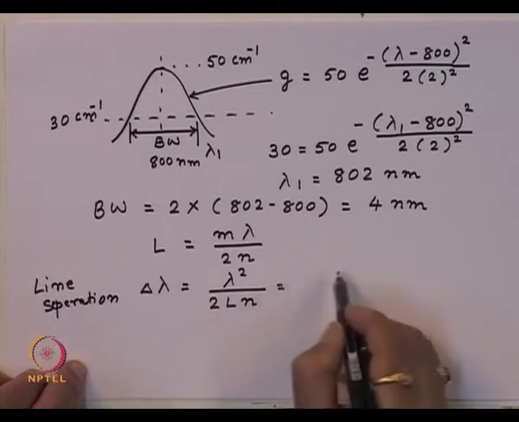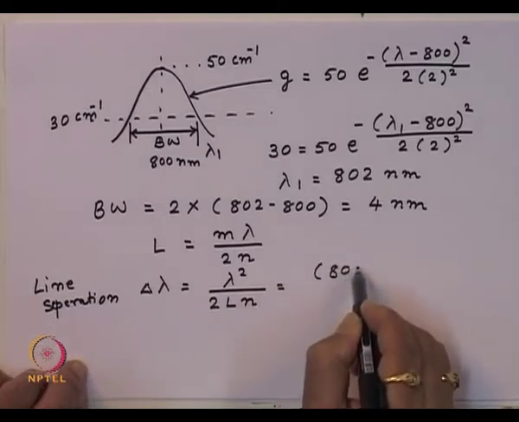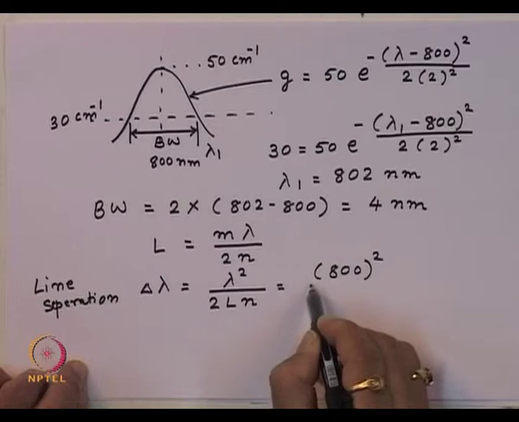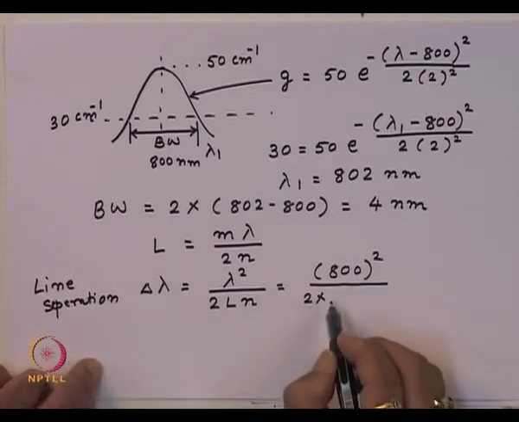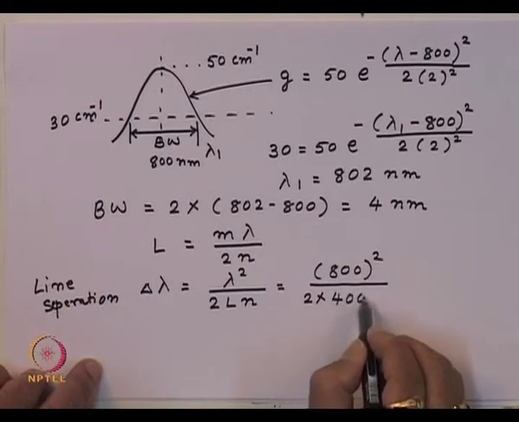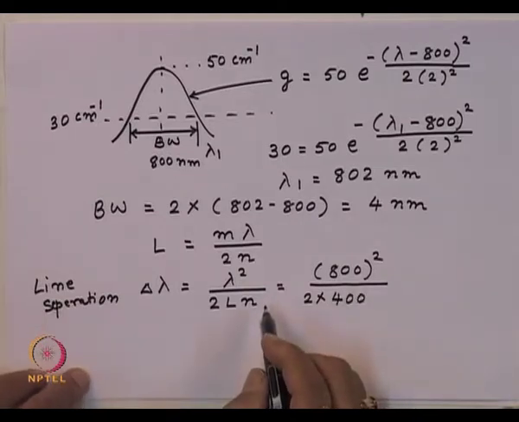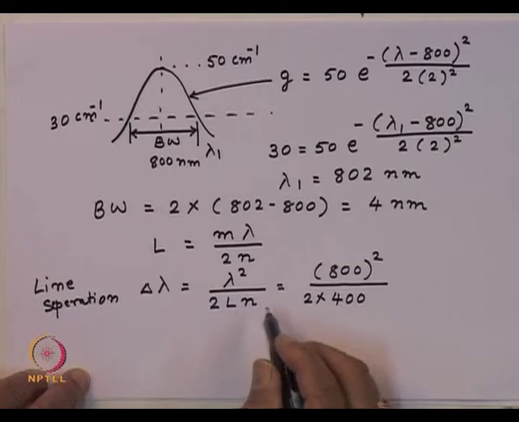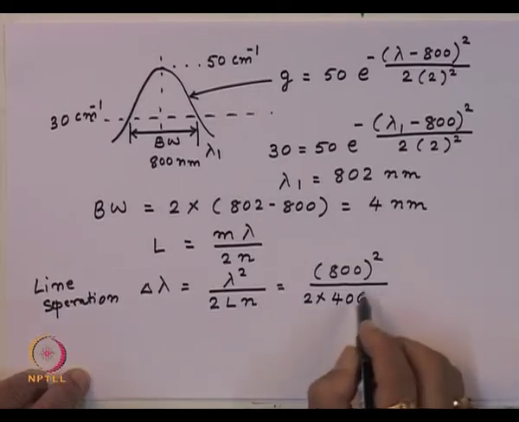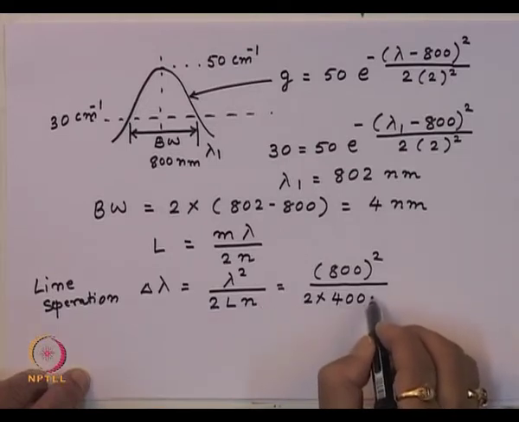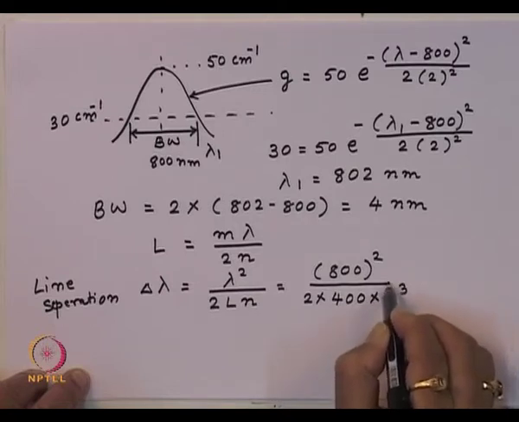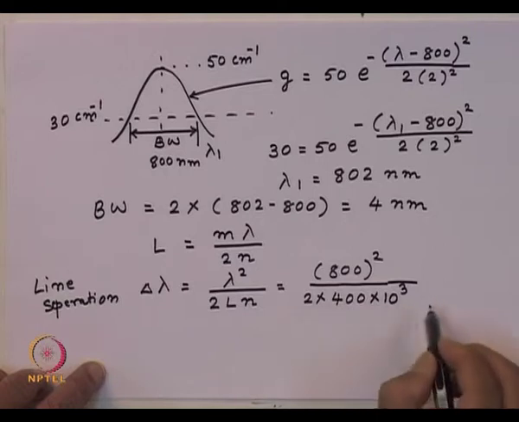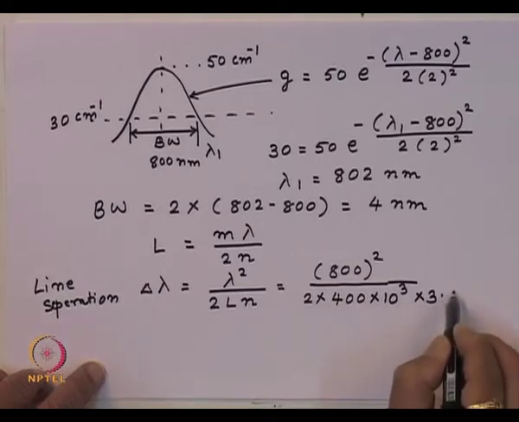So, we can substitute the parameters. This is 800 nanometer laser. The length of the cavity is given as 400 micrometer. So, this is 10 to the power 3 into 3.6.